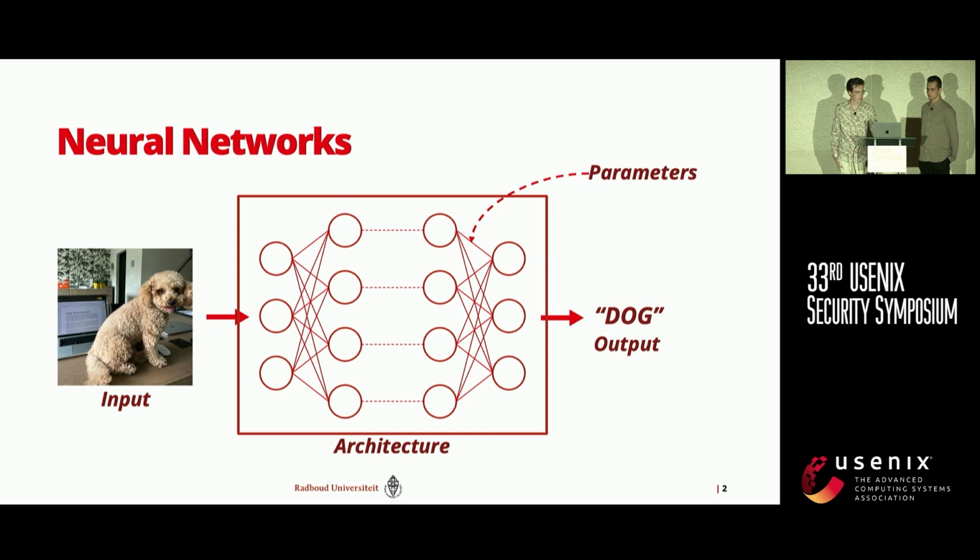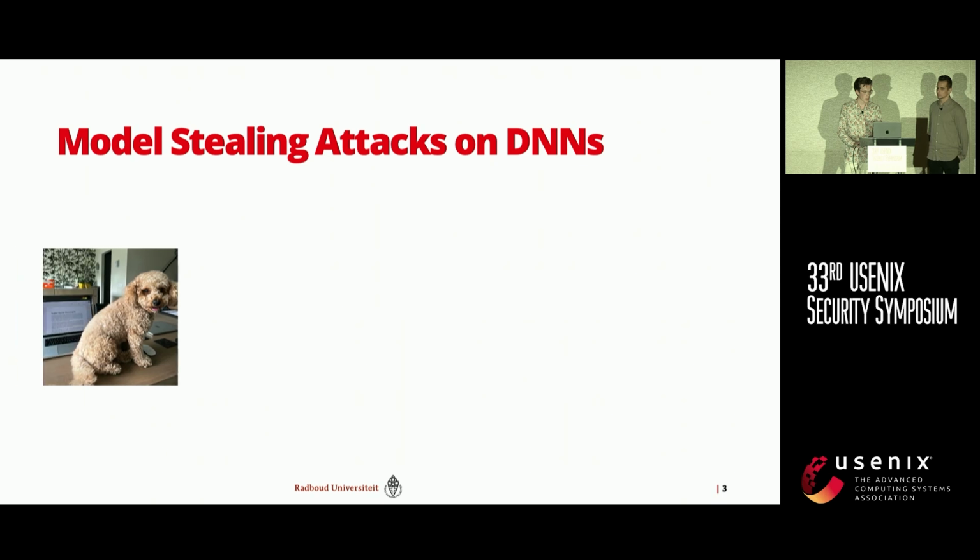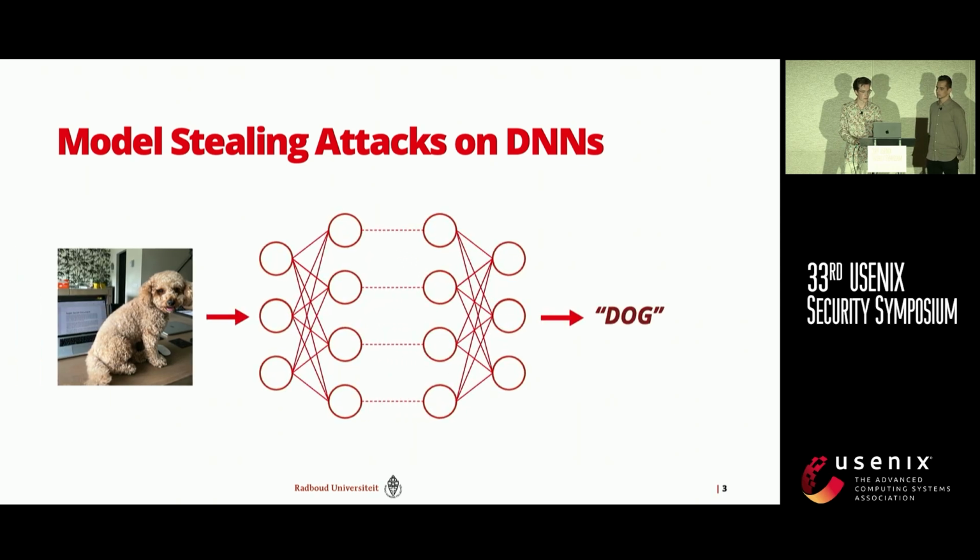Now where there is something interesting, an interesting piece of technology, there are also attacks, and we will consider model stealing. So model stealing is when an attacker, as the title says, steals the exact same model. So we have our model and it's classified as a dog, and one incentive could be, consider that the user pays the network some amount of money to do the job.